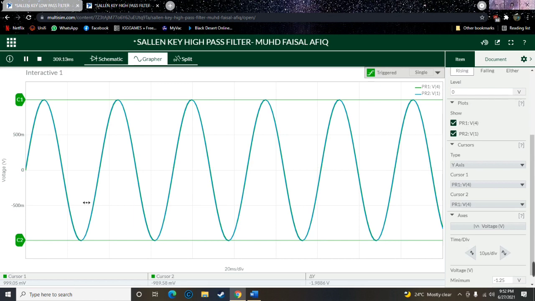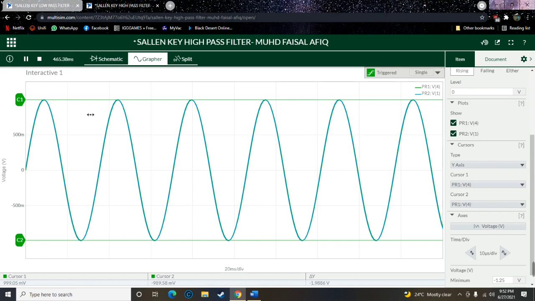Okay, 56.5k is more than the cut-off frequency. In the graph, we can see the voltage output and the voltage in look similar, and the values are very close.